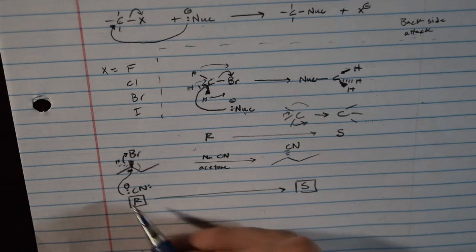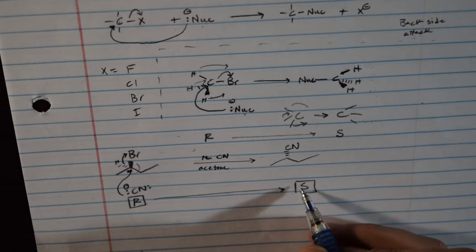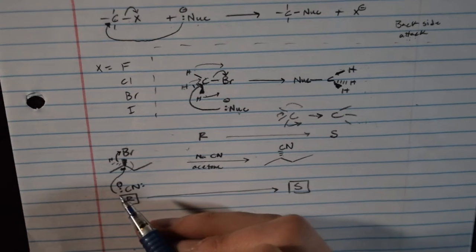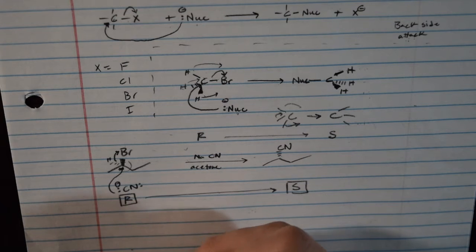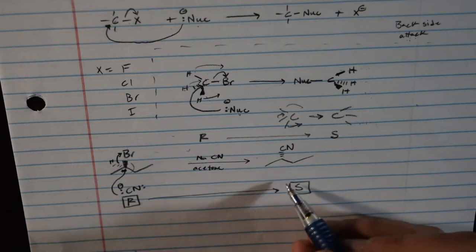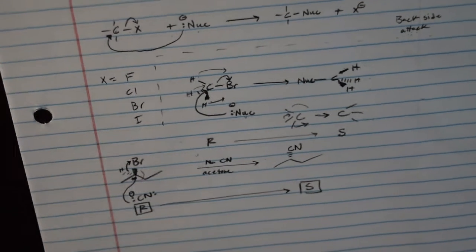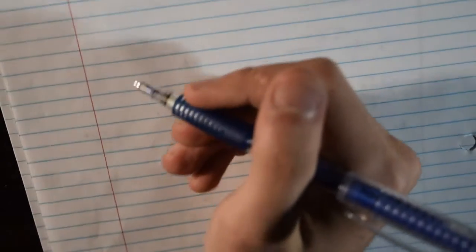However, not every time will it switch from an R to an S. There are some times where it just doesn't do that, just by the way that we assign R's and S's. However, the wedge will always switch into a dash. Anyways, let's talk about who can do Sn2 reactions.